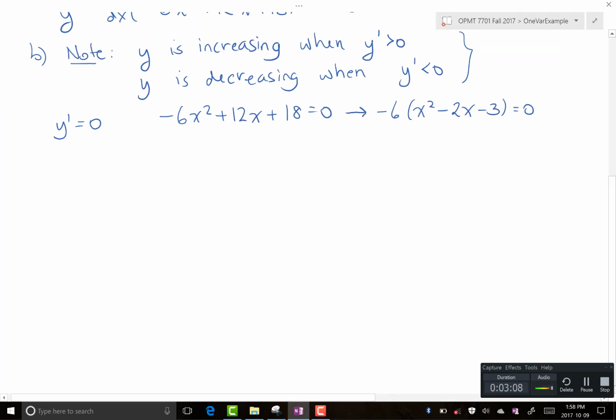That leaves us with having to factor this guy. So we're going to look at the last number in here and see which numbers multiply to give us that last number. So minus 3. What two numbers multiply together to give us minus 3? So either minus 3 and 1 or 3 and minus 1. And then we're going to check and see with both of those if they then add to give us minus 2.